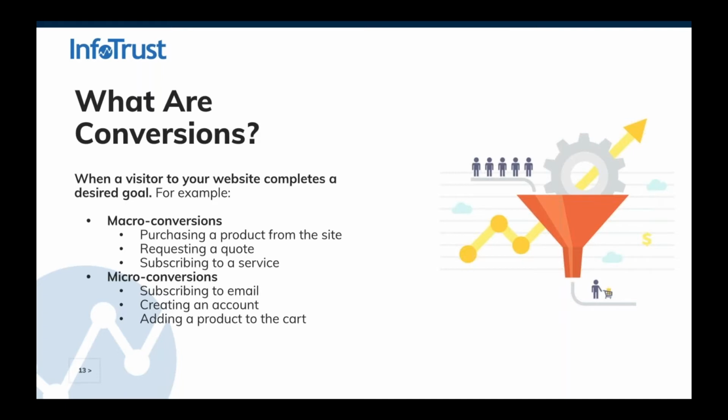So macro conversions, for those of you that are engaged in e-commerce, could be purchasing a product from the site, requesting a quote, subscribing to a service, or you may also be looking at micro conversions that support users as they move towards those larger conversions. So subscribing to email, creating an account, adding a product to the cart. These are all conversions that we can work on improving through A/B testing and look for opportunities for improvement through session recording.